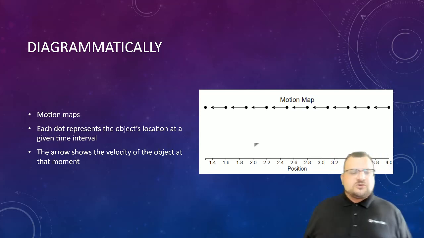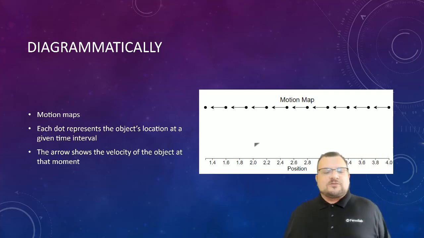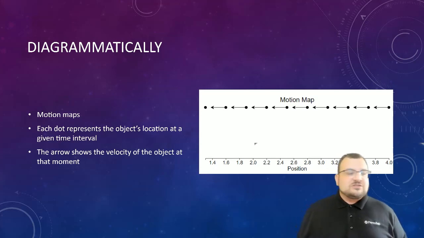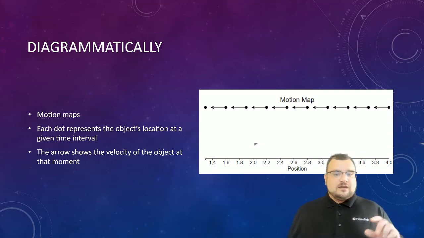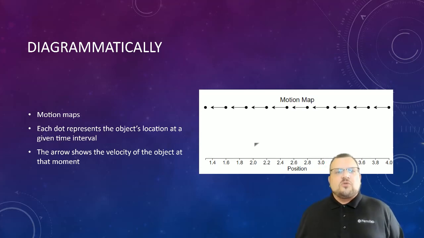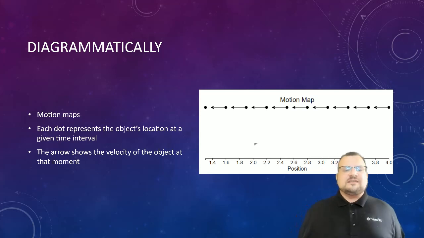We can also use diagrams, and the diagrams that we're going to use are called motion maps. And each one of these dots represents where the object is at a given time interval. One of the things that's going to be very important when dealing with this is that you are going to want to label all of these points.